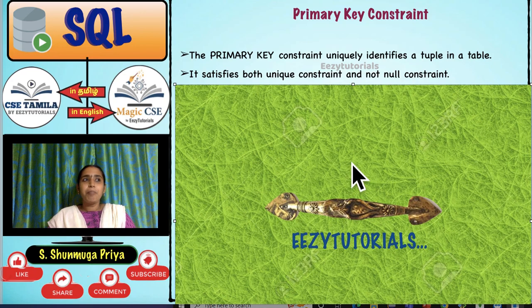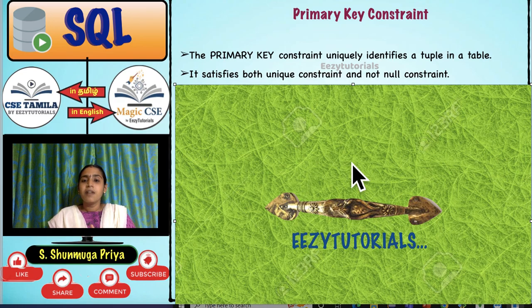For example, in a table, you have to choose the right primary key. Say you have a student table with register number, name, age, phone number, something like that. Which will be more suitable for the primary key? Here, you cannot choose name as the primary key.